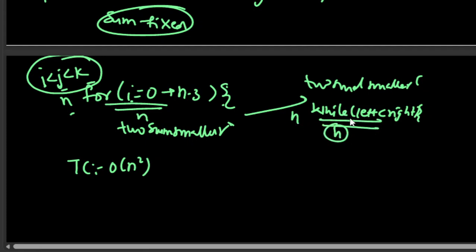In the worst case, for example, you have an array and you are starting here i and here j.